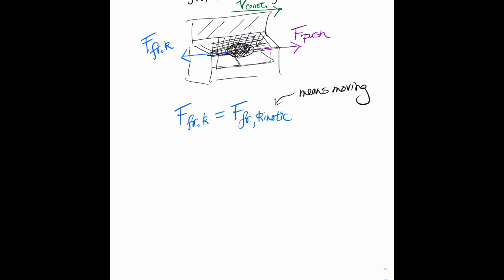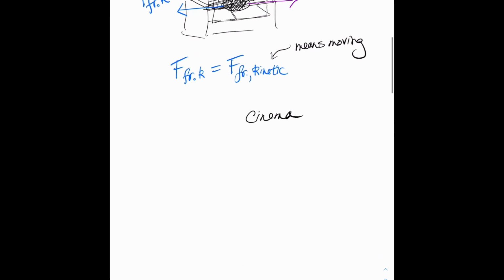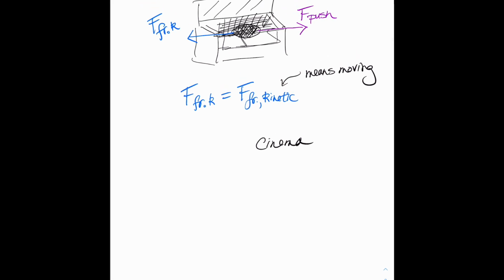You also see it maybe in words like cinema. Cinema for a movie theater, right? You think about this. This is moving pictures on the screen. So cinema comes from the word kinetic, and so you can see similarities there. But kinetic means moving. So, anyways, let me go ahead and pause.